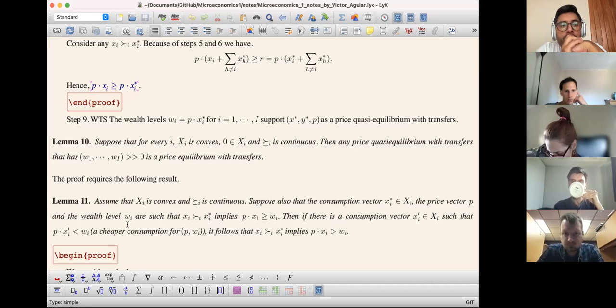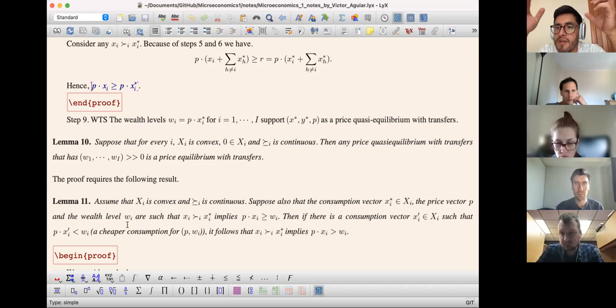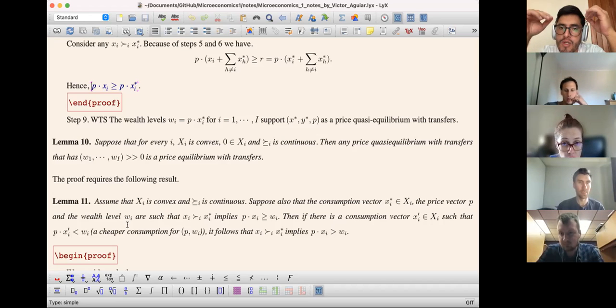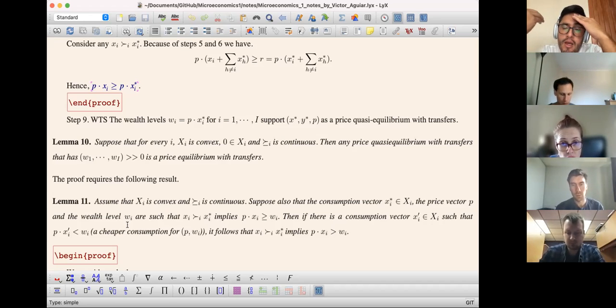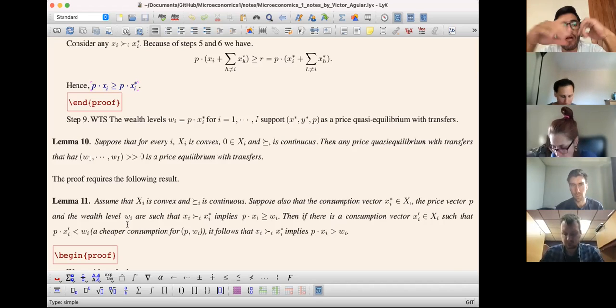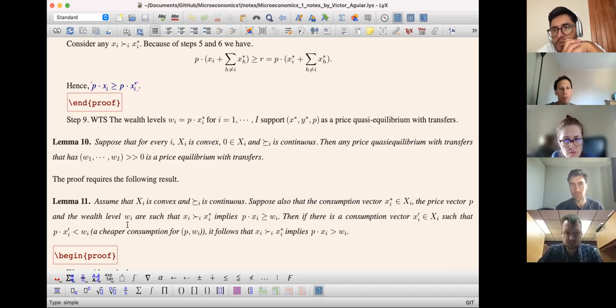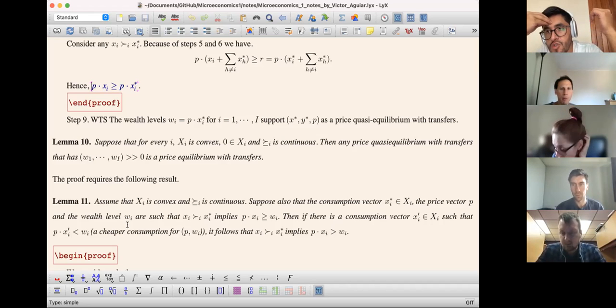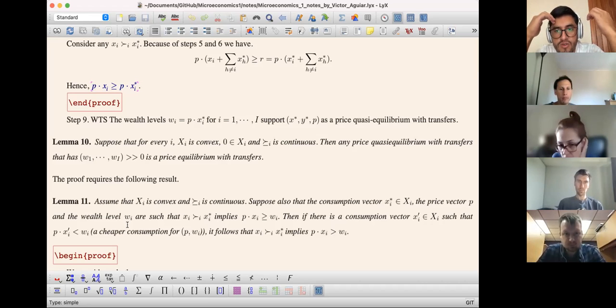Now suppose that for every individual i, what we're gonna do now is mind the gap between the quasi-equilibrium and the equilibrium, right? So suppose now that the consumption space is convex, zero belongs to the consumption space, so you can consume nothing, and also the preferences are continuous.